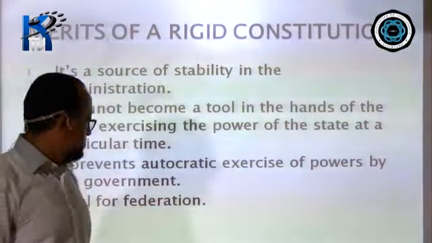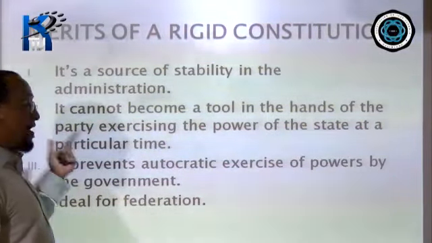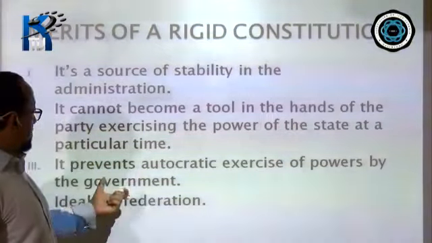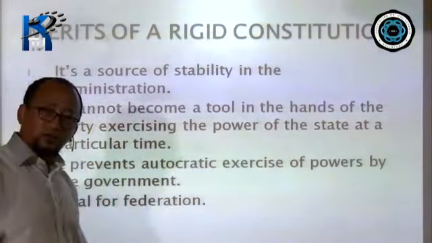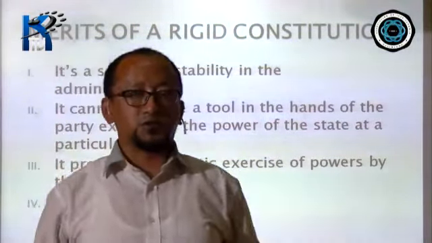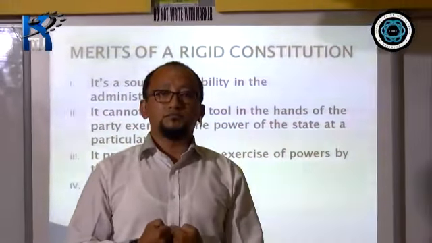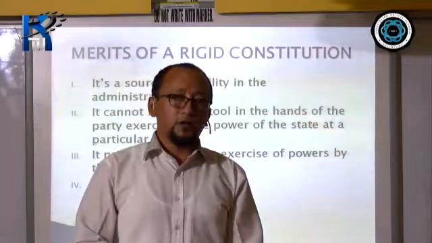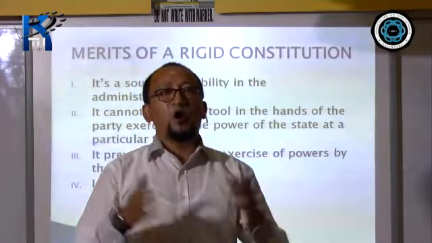Let's look into number two. We've learned a rigid constitution is good in a country because it prevents autocratic exercise of powers by the government. Look at this, children. If the constitution is flexible, people in power, holding the authority, running the country, running the government, can be autocratic.